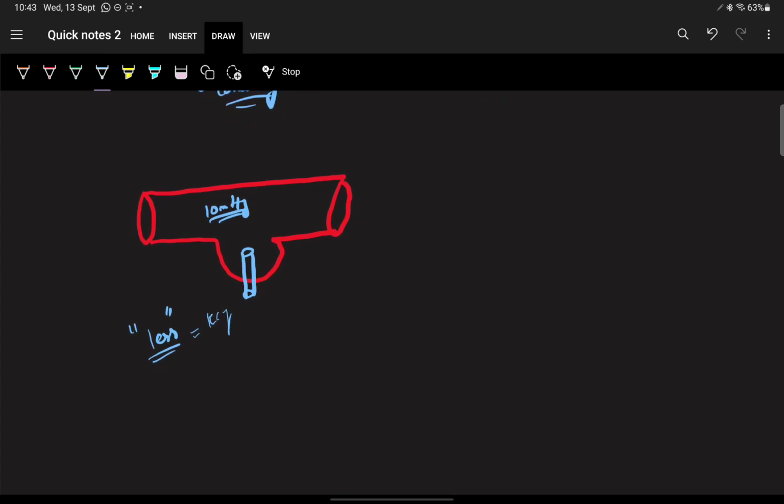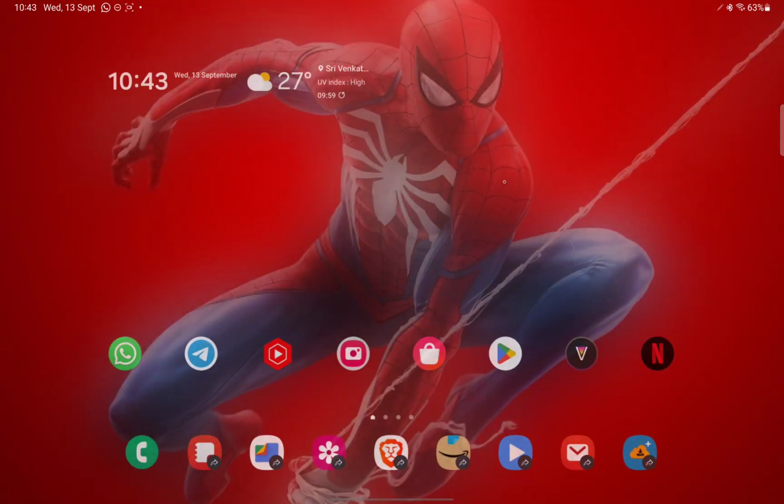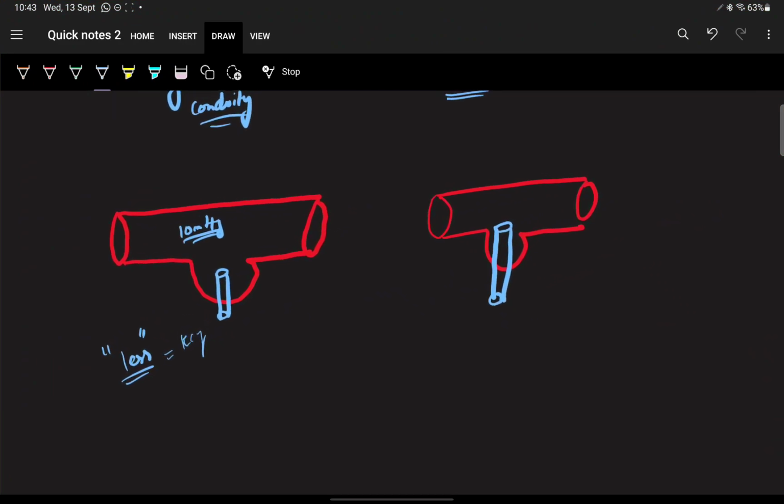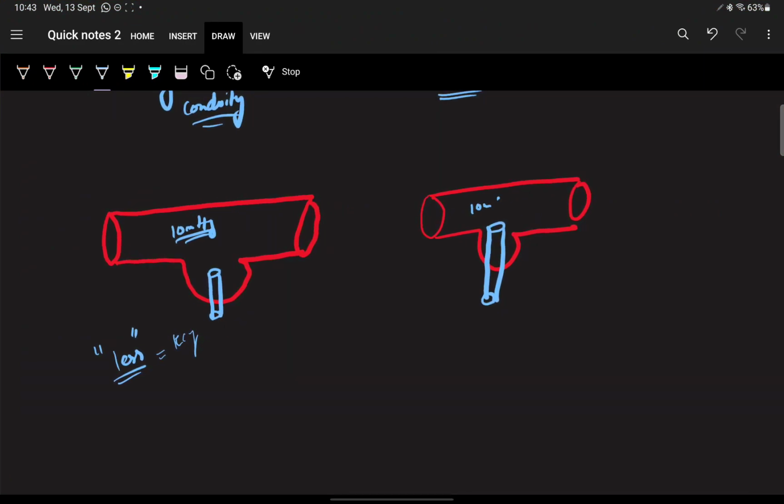Similarly, if we take another glomerulus or the efferent arteriole, I am going to take a big pipe here. The pipe is a very big pipe, and the net filtration pressure is 10 mmHg.